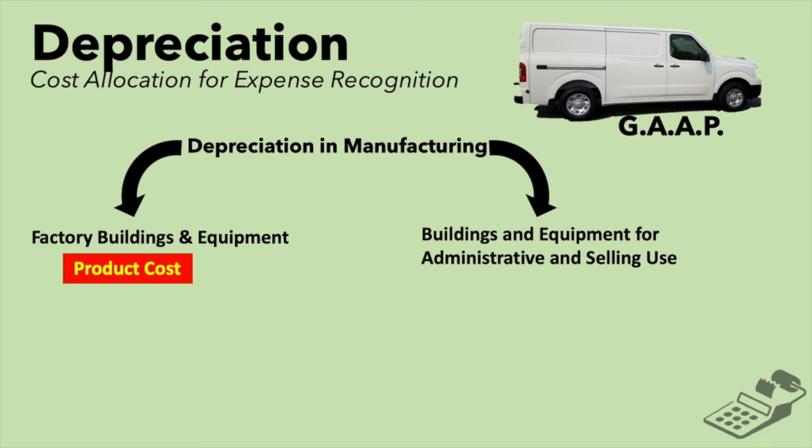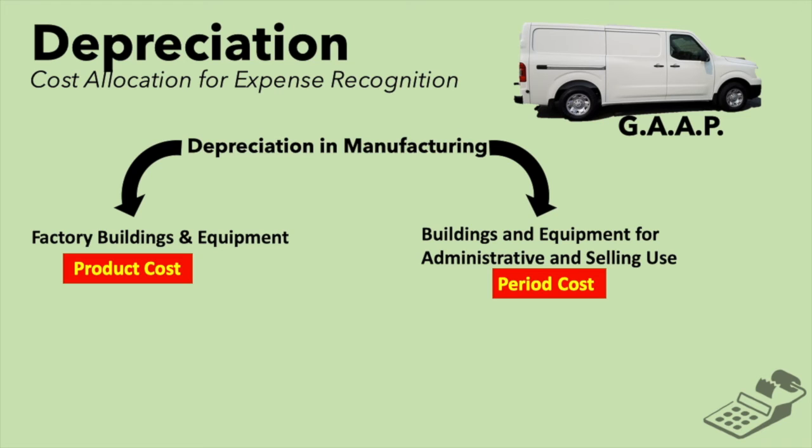The factory buildings and equipment are used to make the products, therefore the product cost classification. Those buildings and equipment that I use for my administrative purposes or selling purposes are considered a period cost, and they are not a cost incurred to make the products.